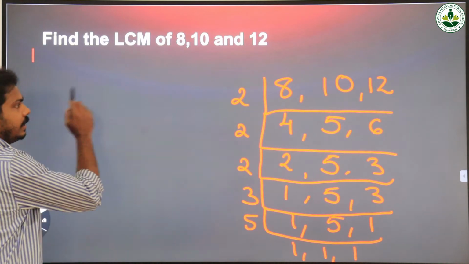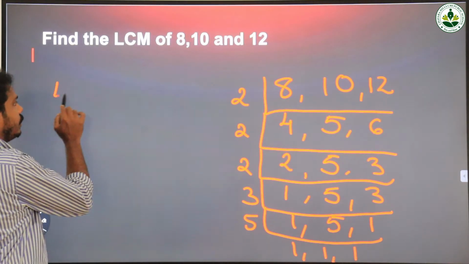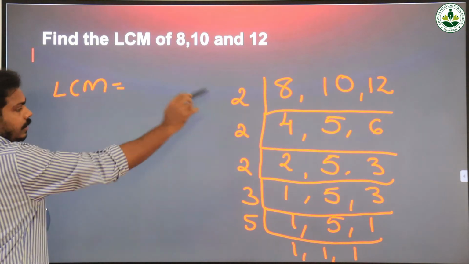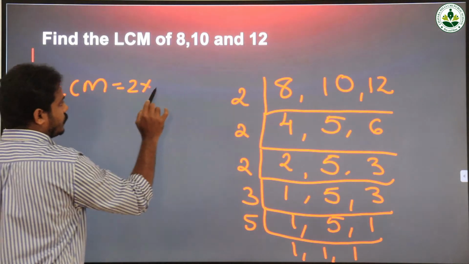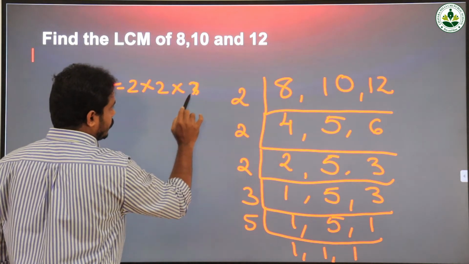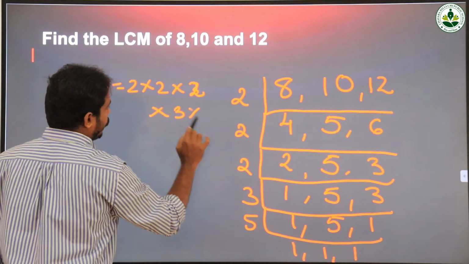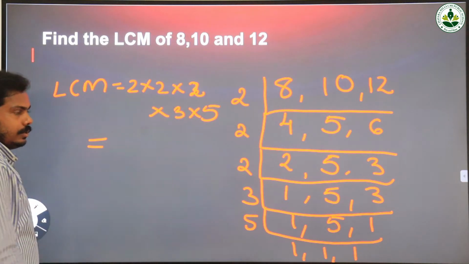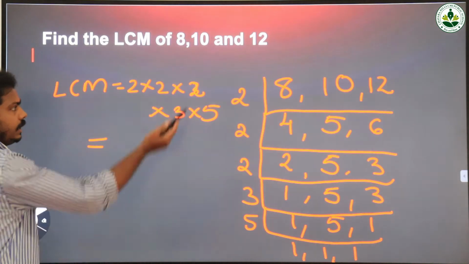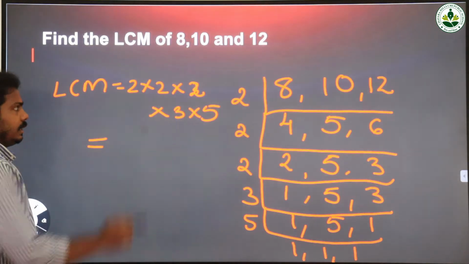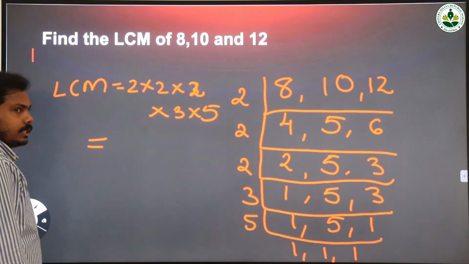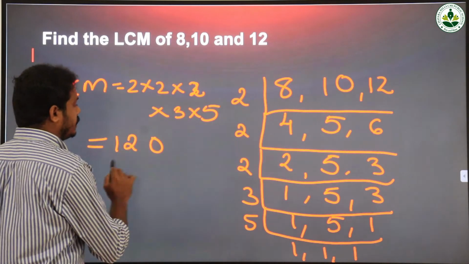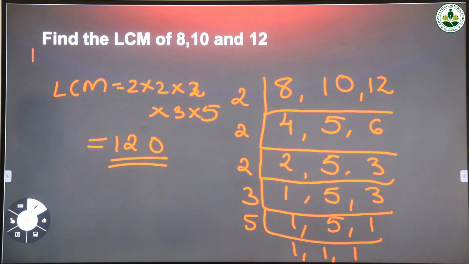So write: LCM is equal to the product of these prime numbers. 2 into 2 into 3 into 2 into 3 into 5. 5 into 3 is 15. 15 into 2, double of 15, is 30. 30 into 2, double of 30, is 60. 60 into 2 is 120. So 120 is the least common multiple of 8, 10 and 12.